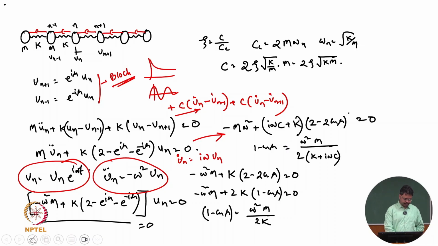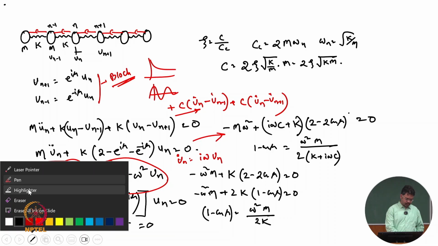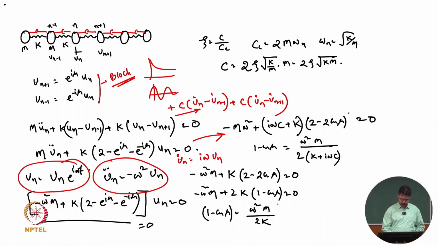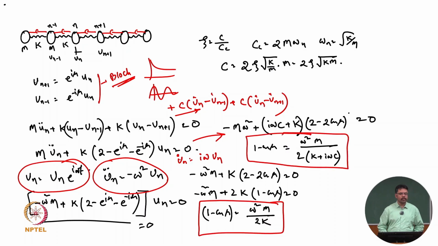This will be my previous dispersion, and this is my new dispersion relation. Where is the prime change? The prime change is here. This term is added. That term was not there before.